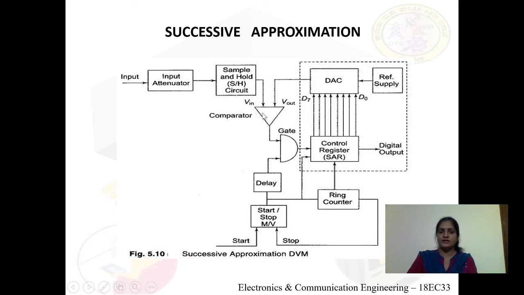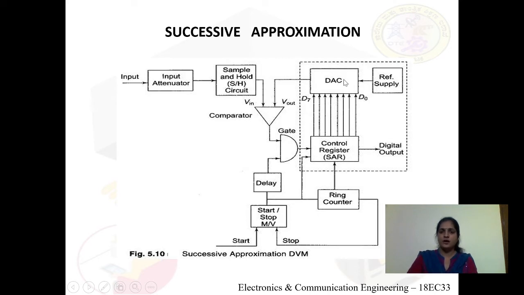To the comparator, one more input is the output from the DAC, with which we are going to compare this input voltage. The DAC is a digital to analog converter, and it works with respect to a reference supply of plus 5 volts.